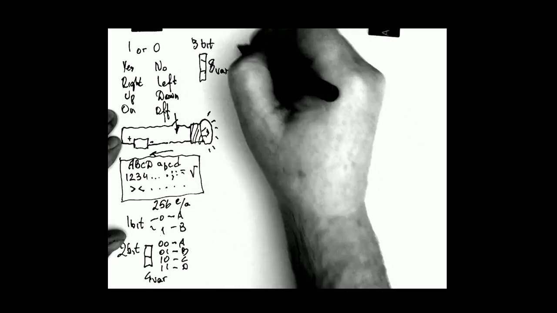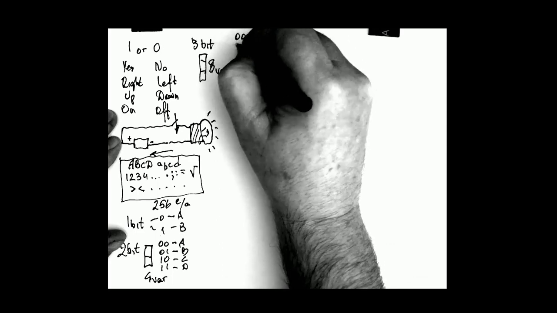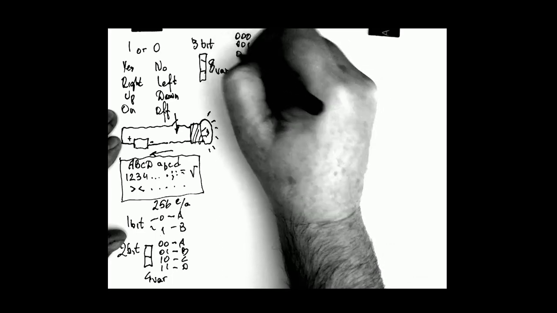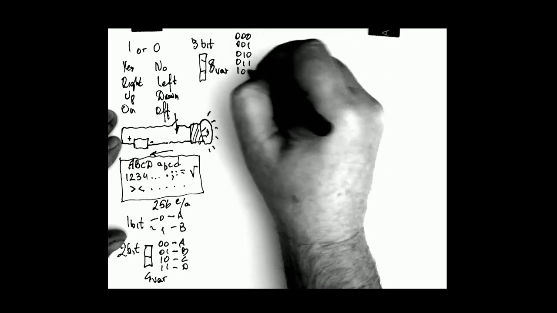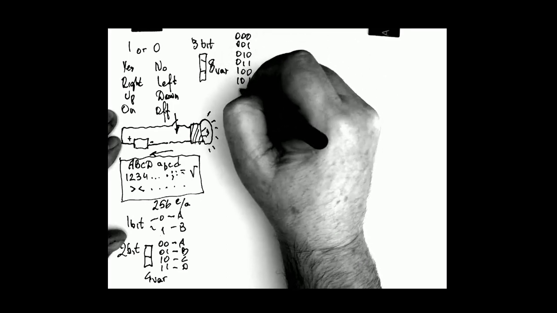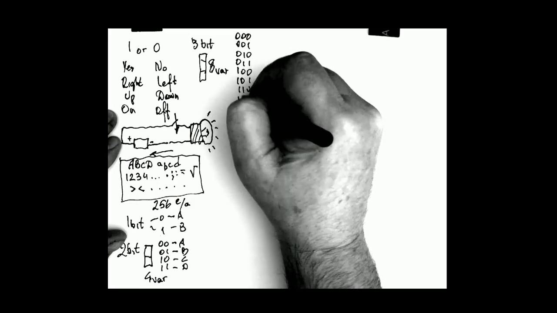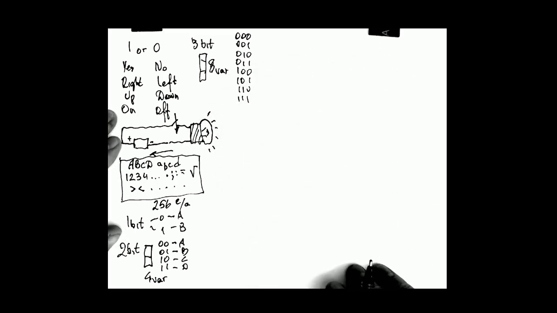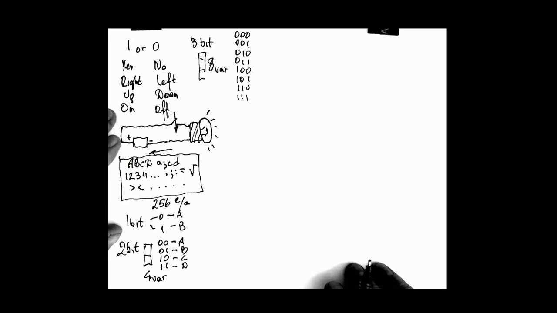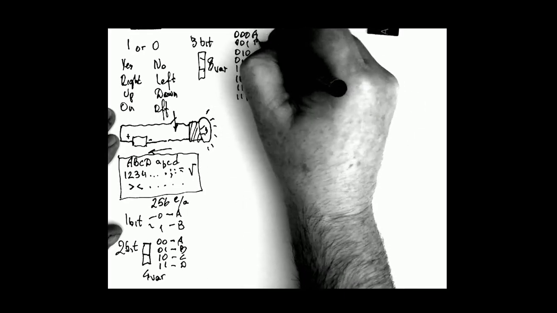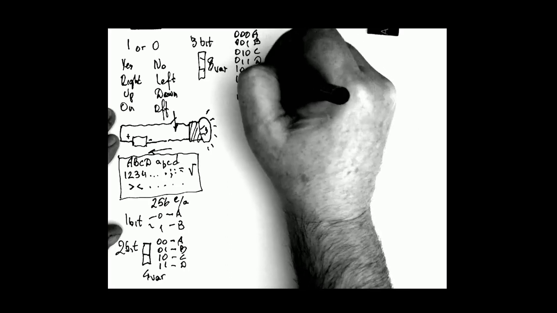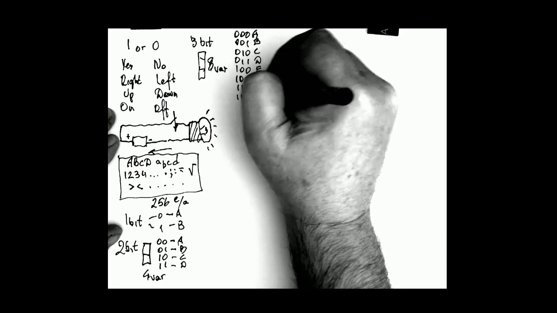Let's see them. 000, 001, 010, 011, 100, 101, 110, and 111. These 8 variations will be able to represent 8 letters: A, B, C, D, E, F, G, and H.